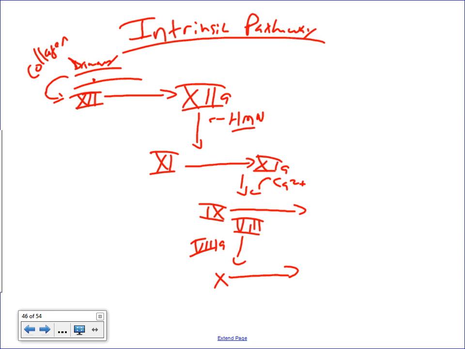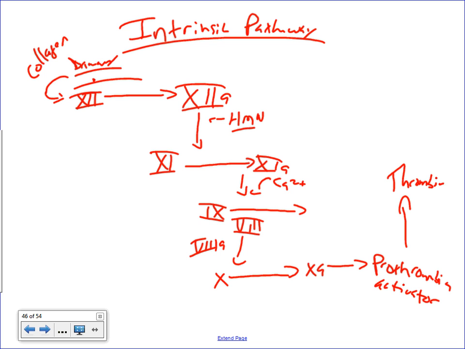Clotting factor 10 will then activate prothrombin activator, which you know already is going to activate thrombin, which will in turn convert fibrinogen to fibrin.